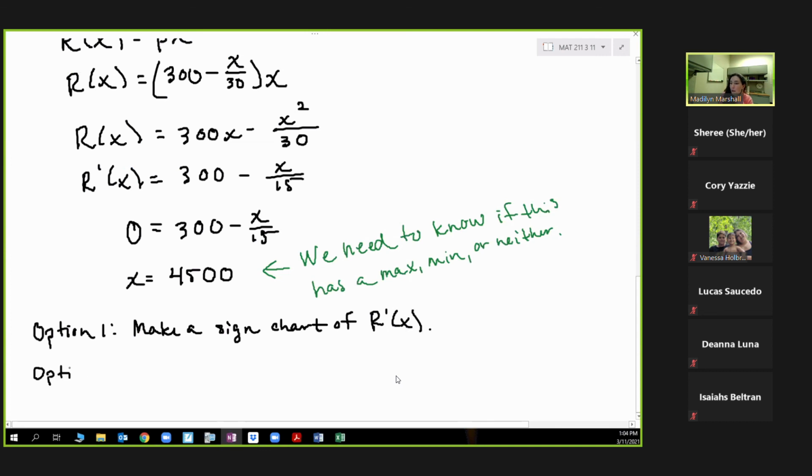Option 2 is the second derivative test. So since you have lots of practice making sign charts, I want to use the second derivative test so we can see how it works.